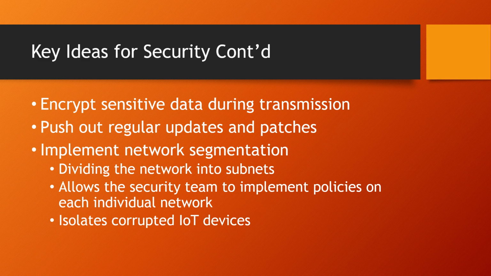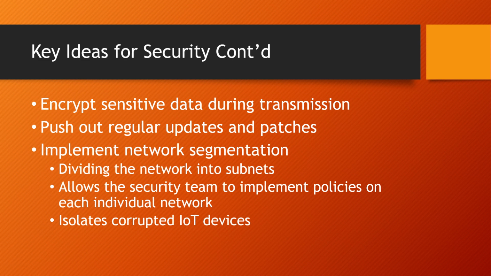Key ideas continued. Encrypt sensitive data during transmission. Push out regular updates and patches to hardware and software devices, just making sure there are no vulnerabilities in those. And then implement network segmentation.